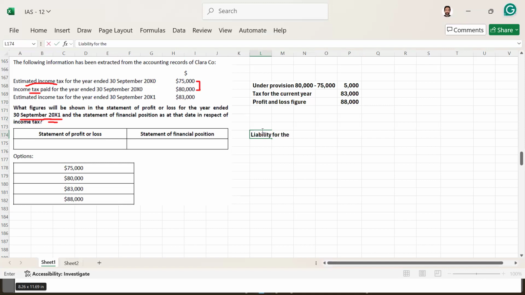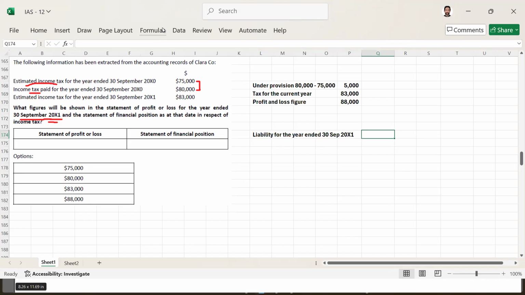So the liability for the year ended 30th of September 20x1 is 83,000, and that goes to the statement of financial position.